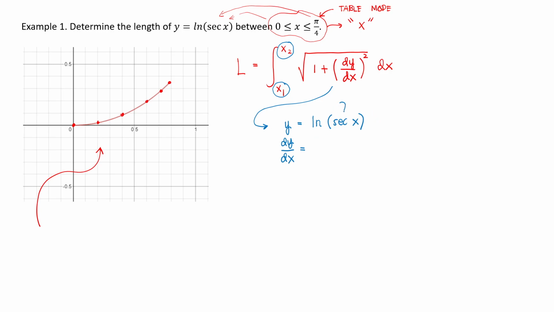So the derivative of secant x is secant x tangent x, all over secant x. For those of you who have forgotten your derivatives, this is du all over u. Alright, so cancel out secant, so dy over dx is equal to tangent x.